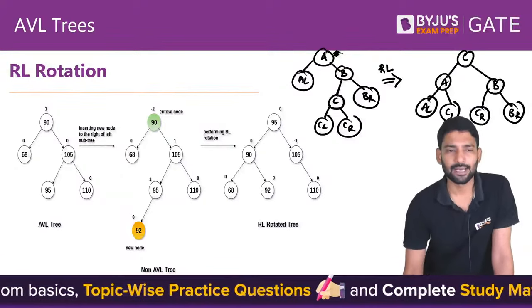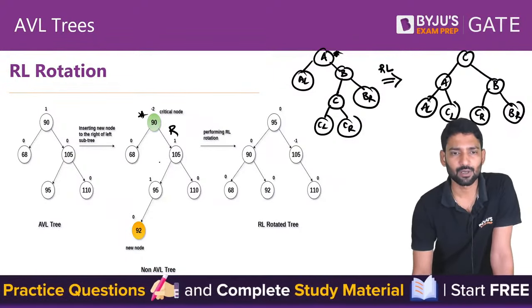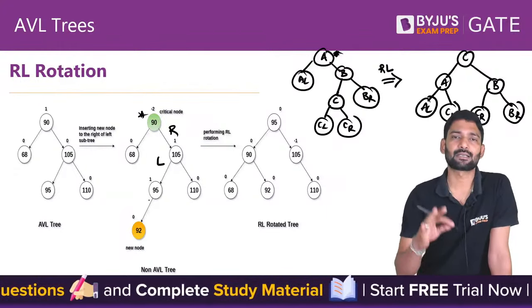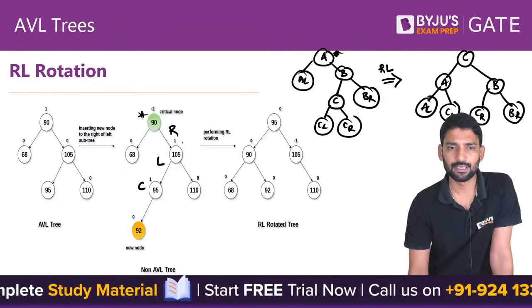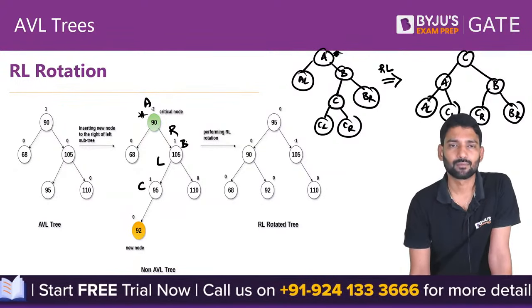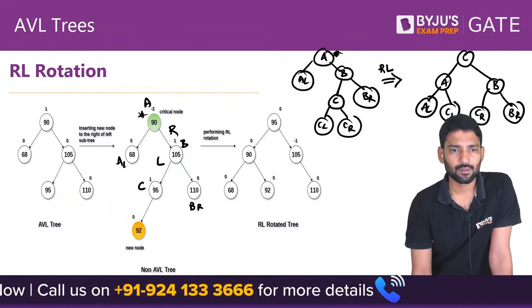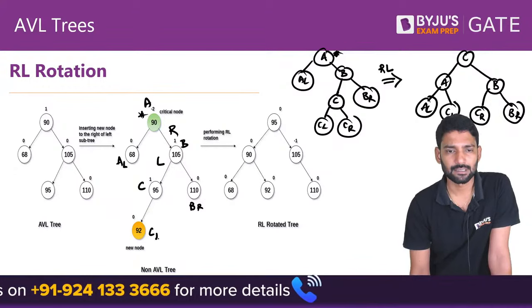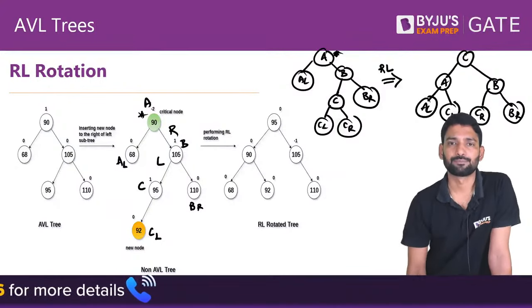So here 90 is the critical node, due to insertion towards 90's right-left side. So here this is C, this is B, this is A, and this is B right, this is A left, this is C left. Just observe that.